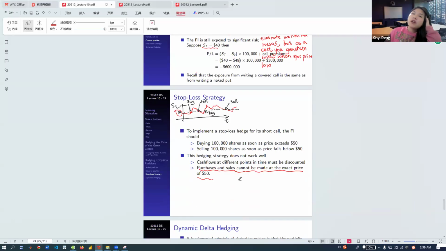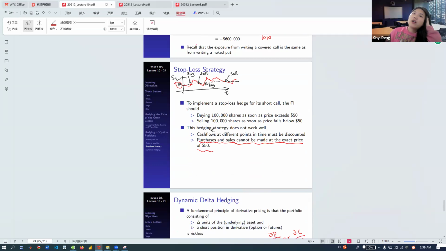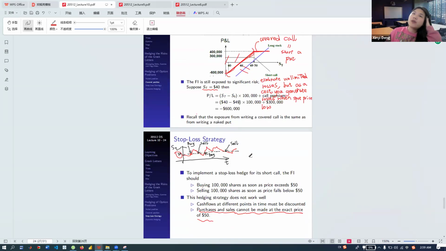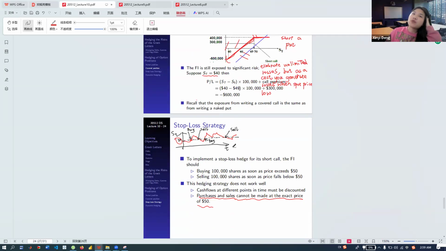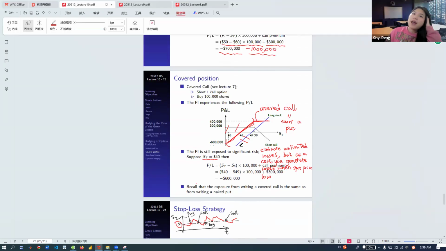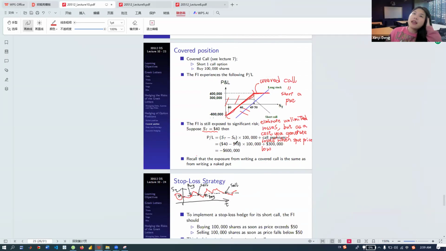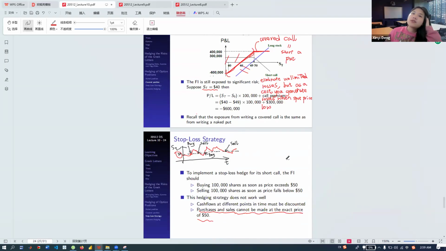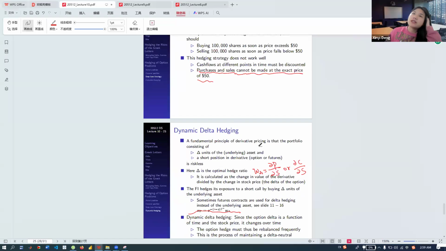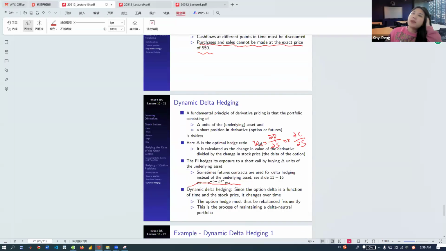And we are selling with a downward price trend, right? So usually we are selling lower than 50. Buying higher than 50 and selling lower than 50 are going to incur losses for us. So that's why this stop loss strategy is not that optimal.